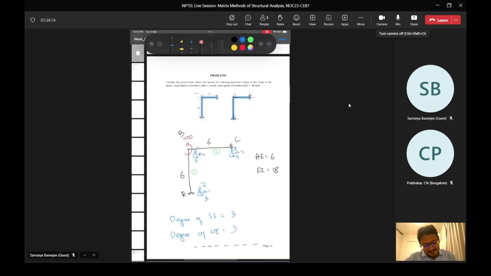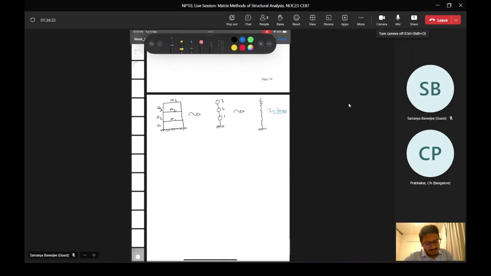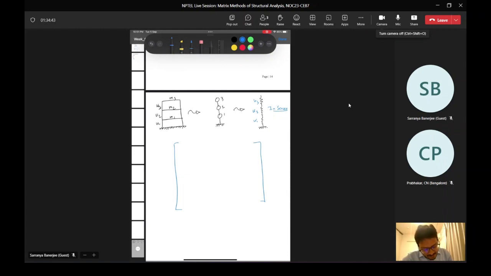It is because your members are arranged in series like this. That is the reason you get a very nice banded matrix. When you have three stiffnesses arranged in series, you could see your matrix becomes banded.